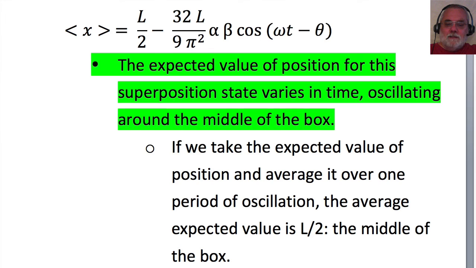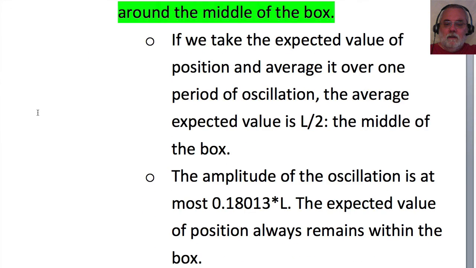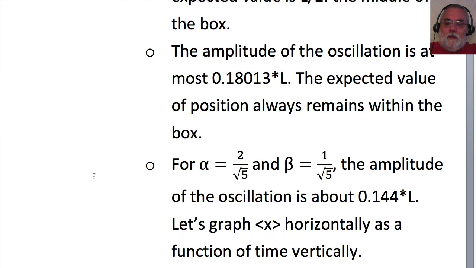The amplitude of the oscillation is this term, and at most it can be this value, less than a fifth of the length of the box. So the expected value of position always remains within the box. We can plug in our definite values for alpha and beta, and we find this oscillation amplitude.